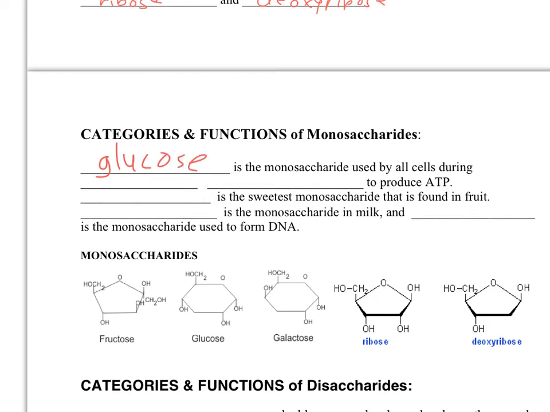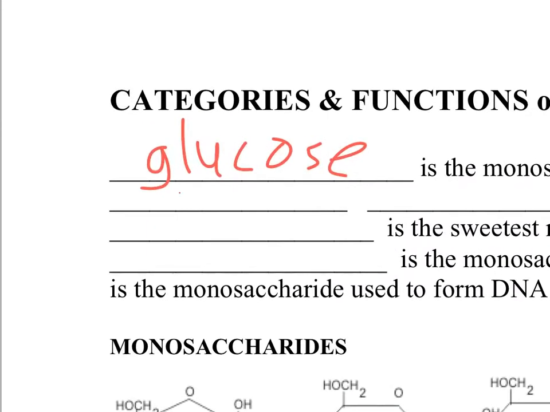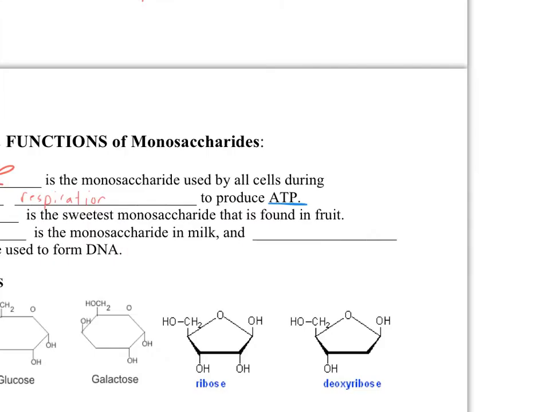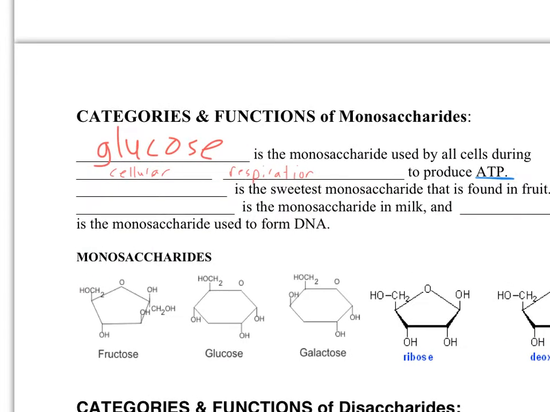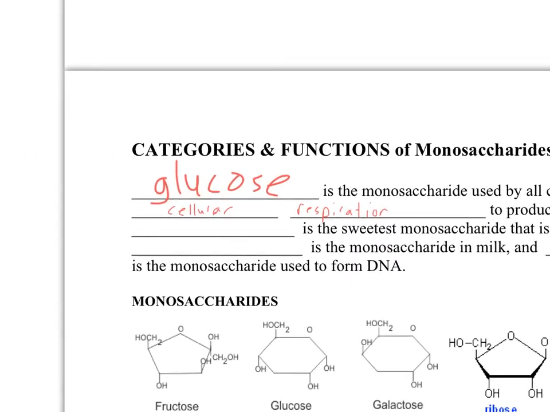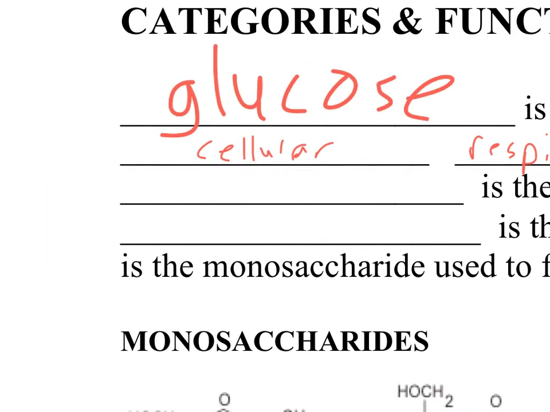Glucose is a monosaccharide used by cells during the process of cellular respiration. So, ATP, moving on to the next one, where it says blank is the sweetest monosaccharide that's found in fruit. Sounds like fruit. Fructose.